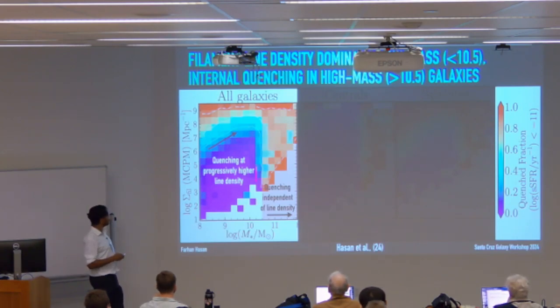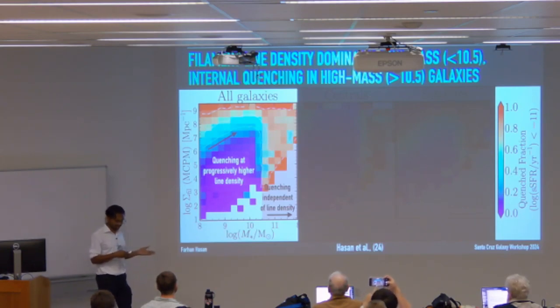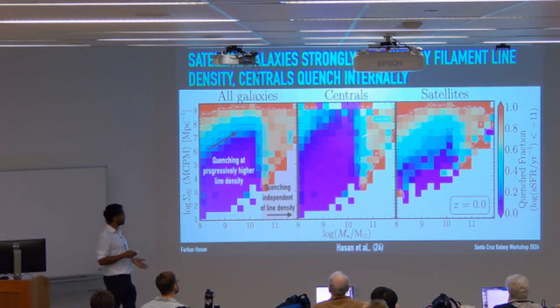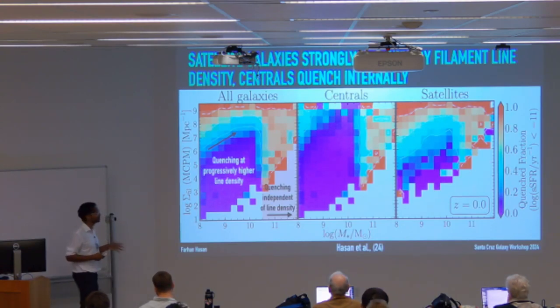You can see that at low masses, below 10.5, galaxies quench at progressively higher line density, and so there is a filament effect. But above 10.5, quenching is independent of line density. In other words, this quenching of massive galaxies is an internal effect. And this is not driven by centrals, which pretty much only quench at high masses, but rather by satellites, which are extremely susceptible to the effect of filament line density.